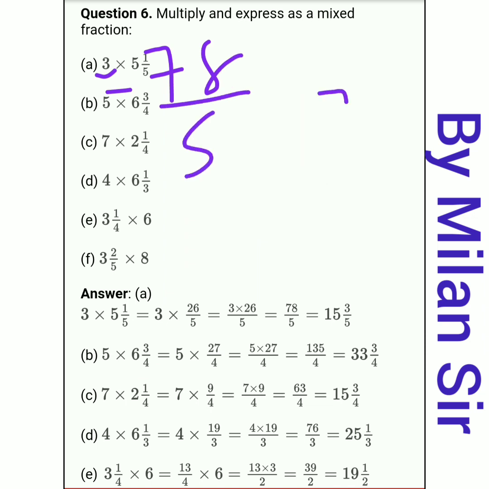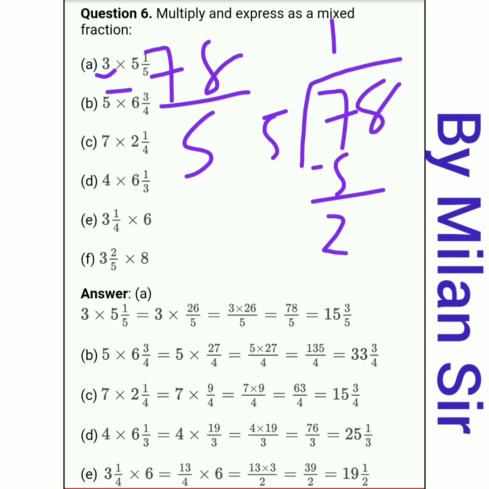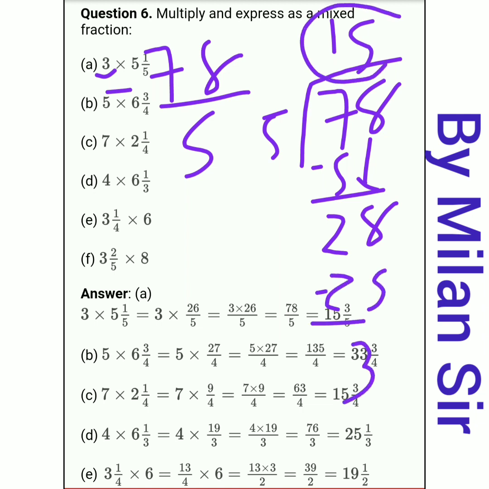So just we need to do the rough work. 78 divided by 5, 5 ones are 5, remainder is 2, then 8, so total 28. Now 5 5s are 25, remainder 3. So our answer is 15. That we need to write first, then we need to write remainder. Again we need to go clockwise direction. So 15.